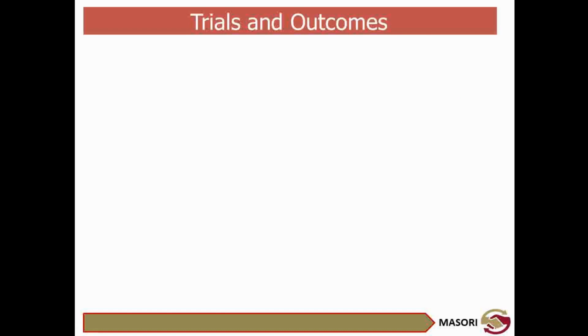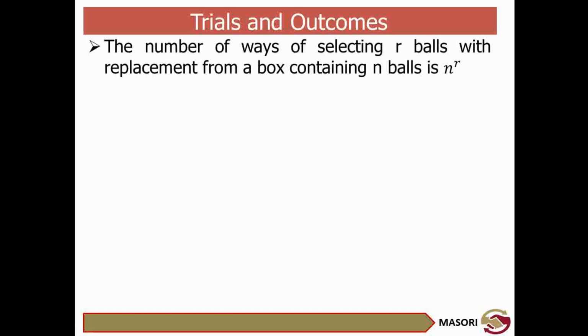Let's look at an advancement to trials and outcomes. The number of ways of selecting r balls with replacement from a box containing n balls is n to the power r. Again, take note, the r here is simply the number of trials or the number of times that you are selecting balls from a given box.